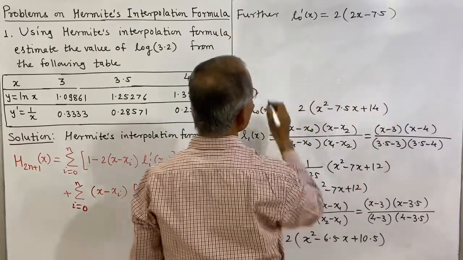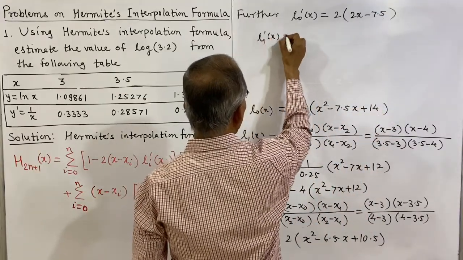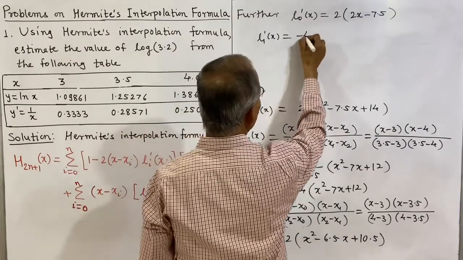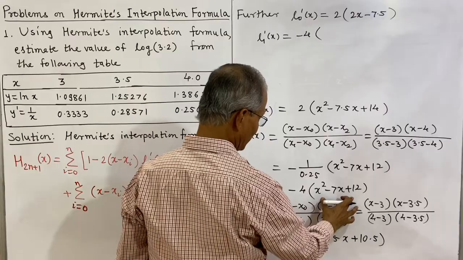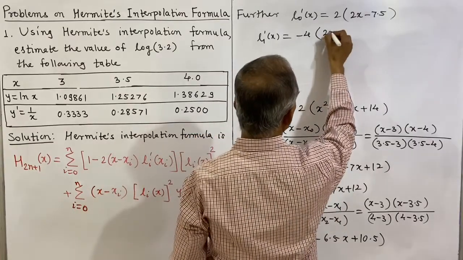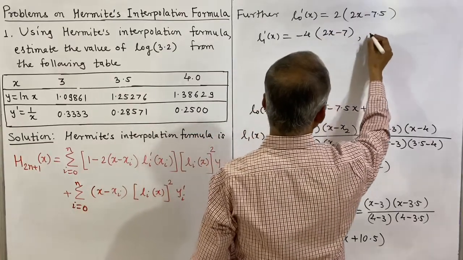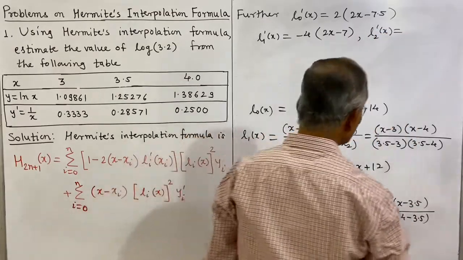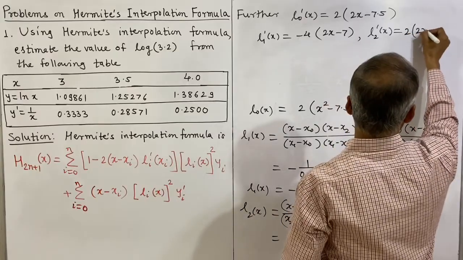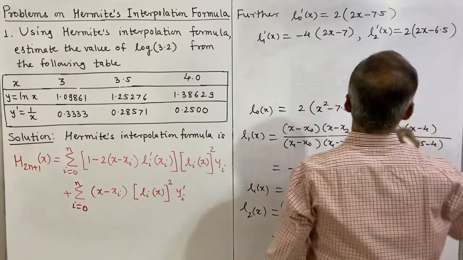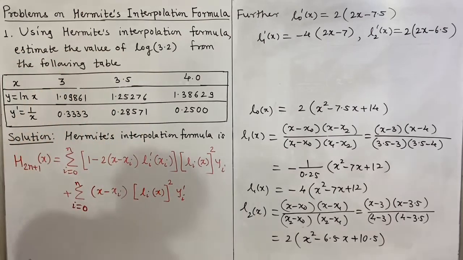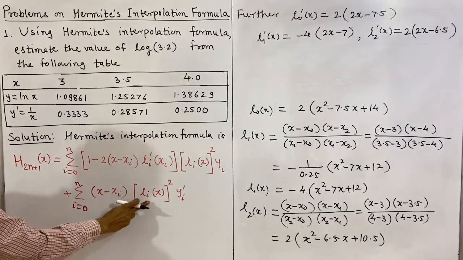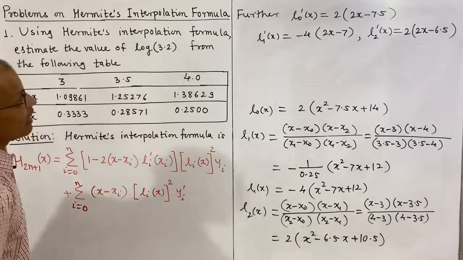We will keep this as it is, and L1 dash x, the derivative of this L1, is here minus 4, and the derivative of this bracket, that is 2x minus 7. And next is L2 dash of x, it is here. So it is 2 into bracket 2x minus 6.5. So these are the derivatives we have obtained, and now we have to find out the derivative values at xi.